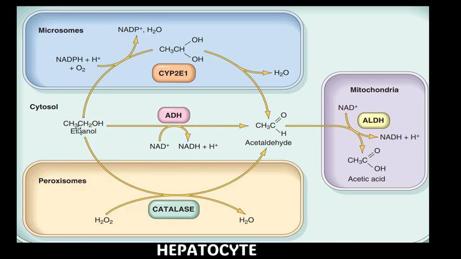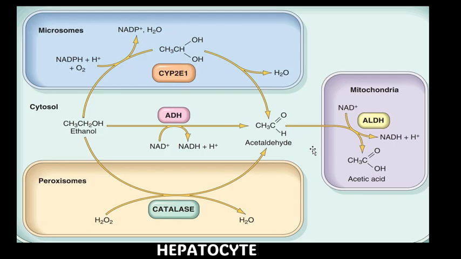The ethanol from the cytoplasm will enter the microsome, where we have cytochrome P450 2E1, and in the peroxisome we have catalase. They will also convert this ethanol to acetaldehyde. So we have three enzyme systems for the conversion of ethanol to acetaldehyde.